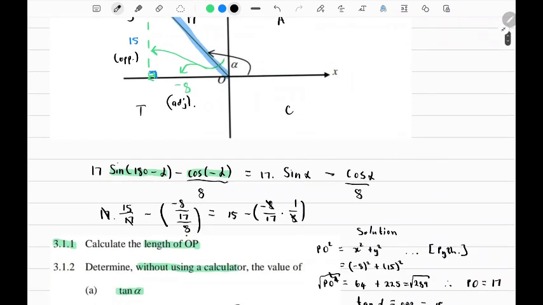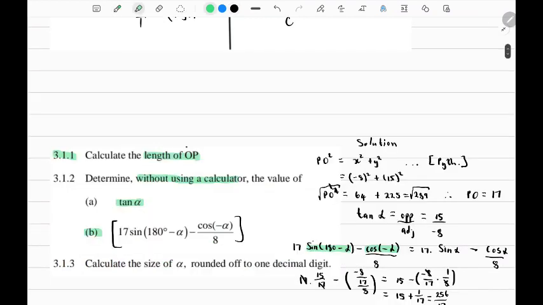So this can be written as 15, minus and minus is plus, 1 over 17. And if you reduce all of this, you should get 256 over 17.